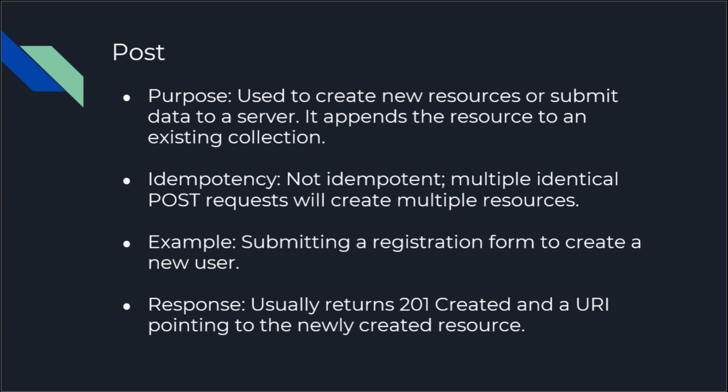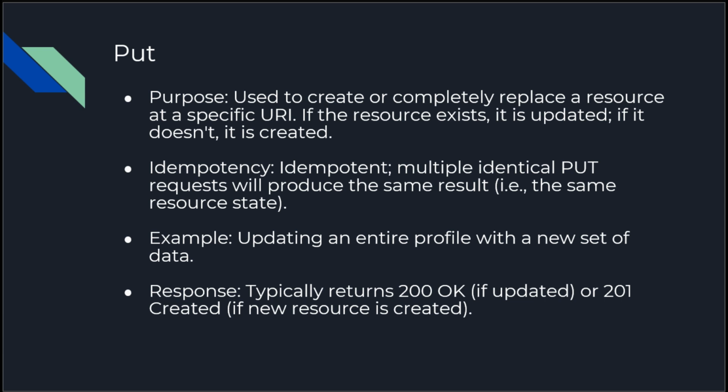The second one is the PUT method. The purpose of it is to create or completely replace a resource at a specific URI. I gave you an example of google.com/employee/1. We would be completely changing this resource or the values for this resource, so the entire employee details would change when we use the PUT method.